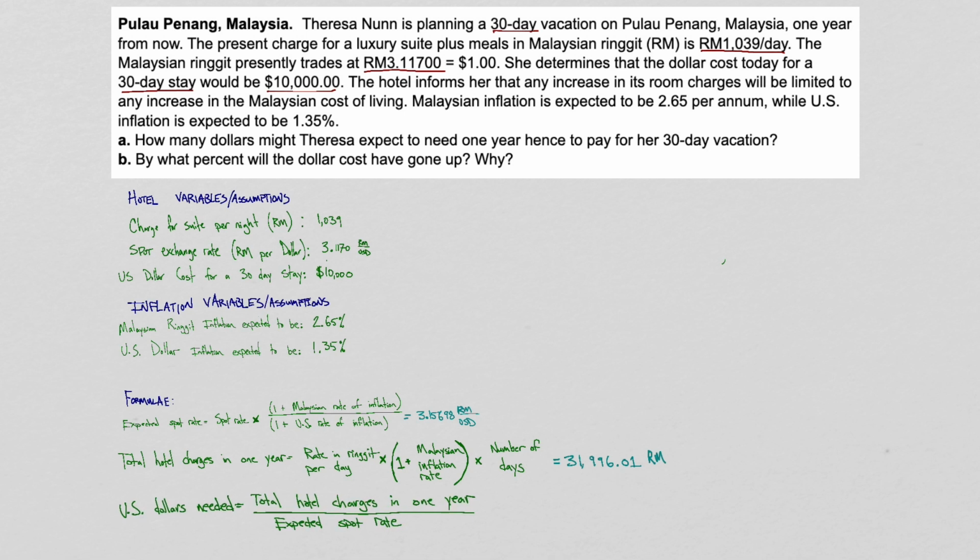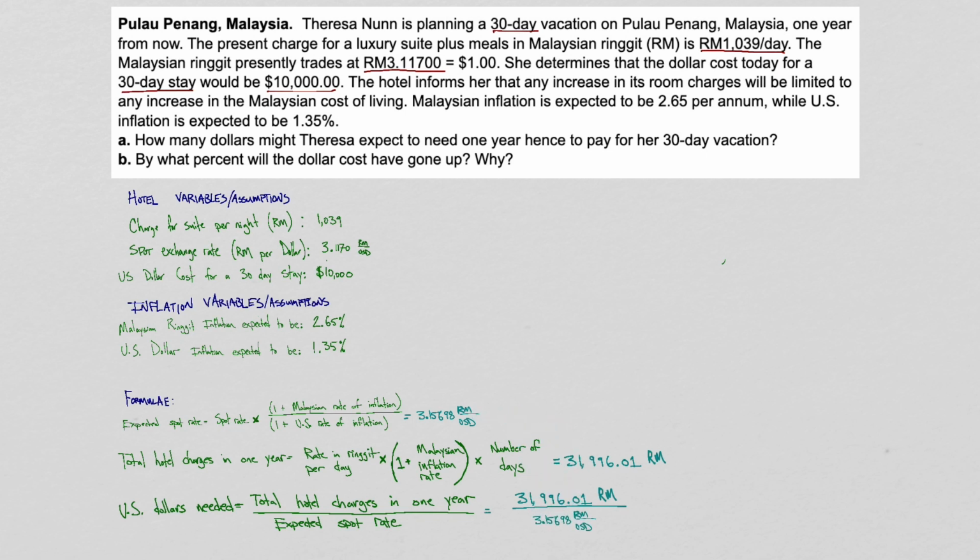How many dollars are needed to pay for this expected stay 1 year from now? And so we take those total hotel charges in 1 year in ringgit terms, and then divide by the spot exchange rate that we expect at that time between the ringgit and the US dollar, this number here.